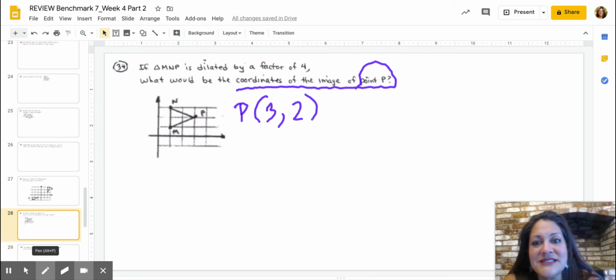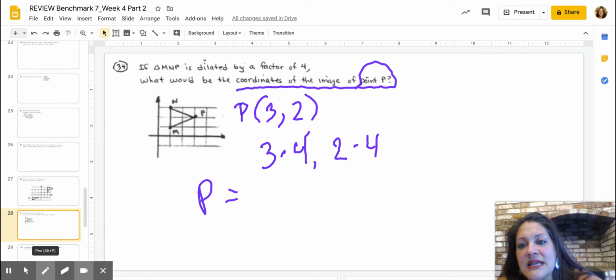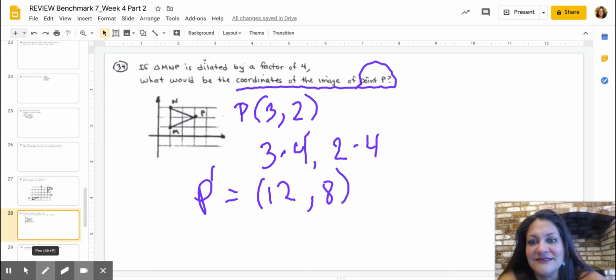So I'm simply going to go 3 times 4 and 2 times 4, which is going to give me my next point P. P' is (12, 8). Right, and that's it.